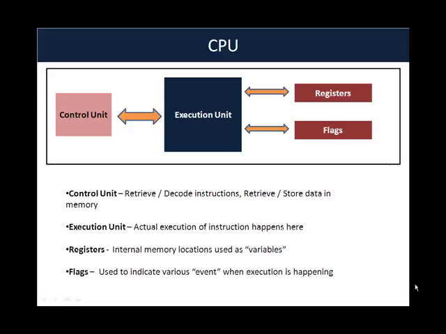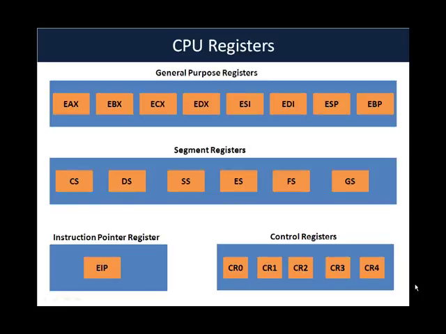We'll get into the details a little later of what these individual elements actually do and mean. So what is most important to understand from a CPU perspective is the CPU registers. And this is what we'll be using for most of our assembly language programming.